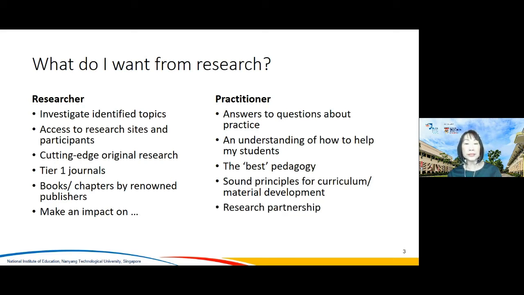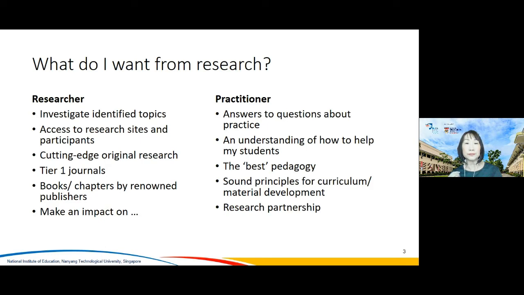But last but not least, and I've got two points here, research partnership is what teachers and practitioners want. And this has been alluded to, especially by Mark Belden in his first talk. I think teachers and practitioners participate in research that we organize because they want to help and they want to find reasons and answers that will help them in their own practice.